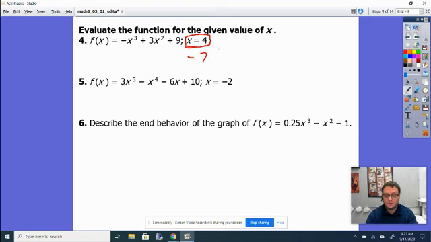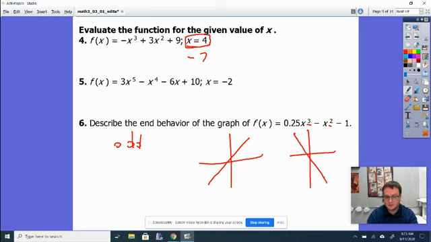Now again, let's talk about end behavior on this one. So I'm in standard form. I am now odd. Remember, odds look something like a linear, so either this or this. This one is positive, so it's going to be this first one. It's not going to be the second one.